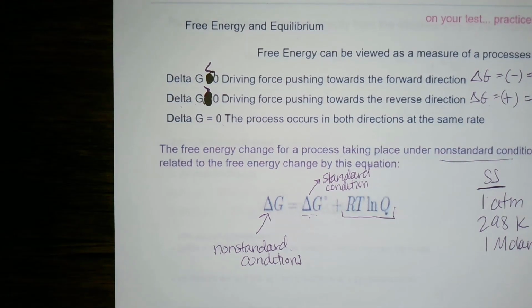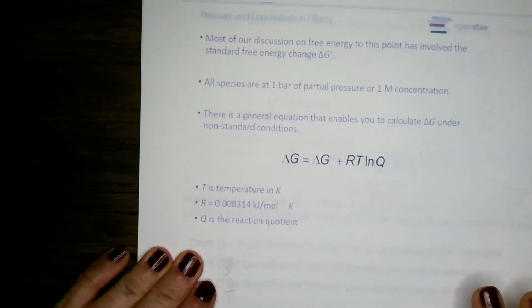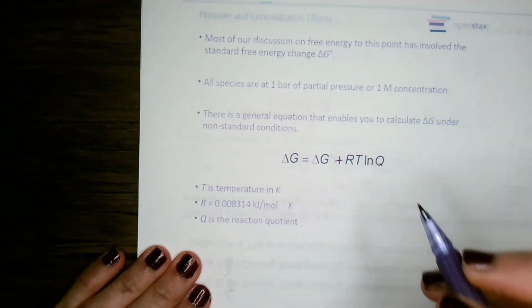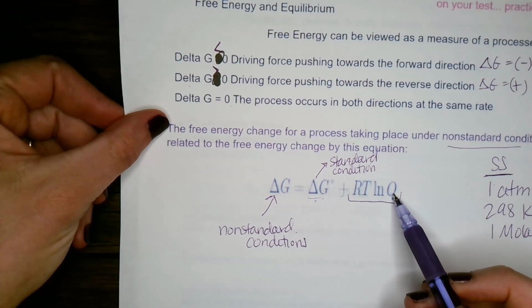I feel like I said in the last one that we multiply, but we add. We're taking that standard state, flipping back here, and we add RT natural log of Q.